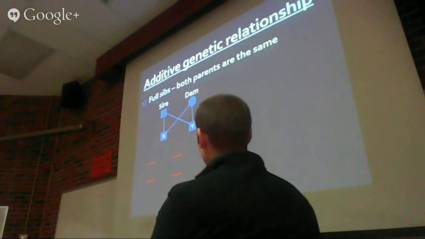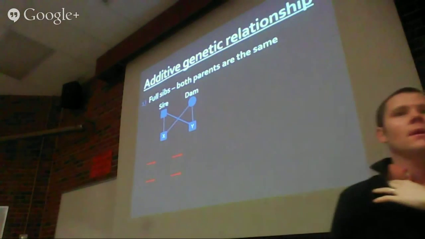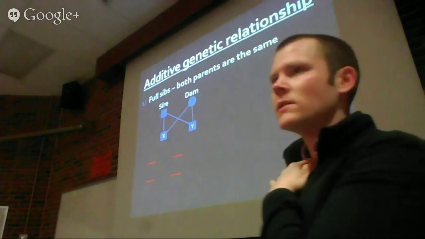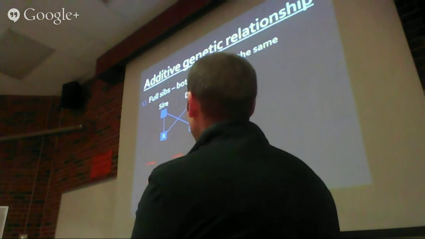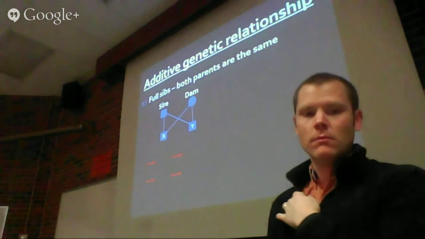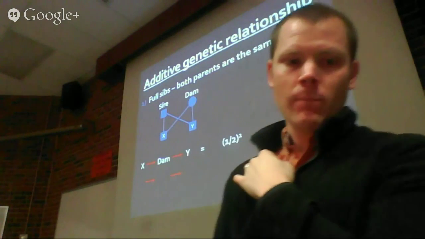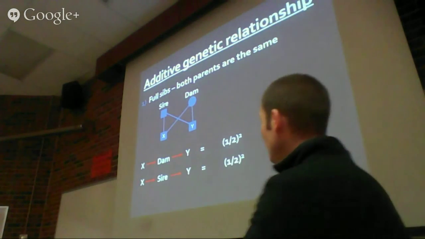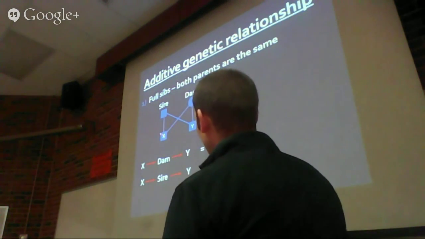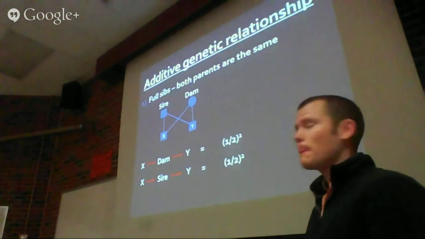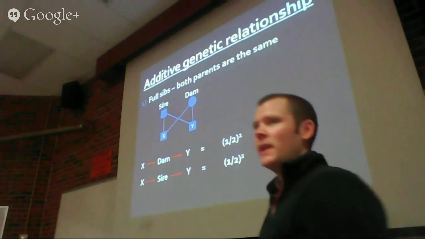We can also have full sibs, not as common in livestock maybe, but they're still there. When two individuals, X and Y, have the same sire and dam, we go through the same process. We can go from individual X, one line up to its dam, another line down to Y. We also have another way to get there, right?